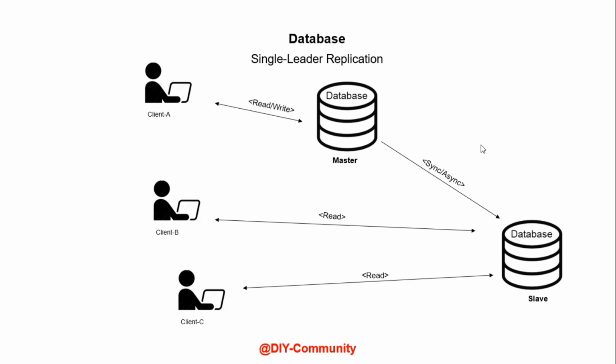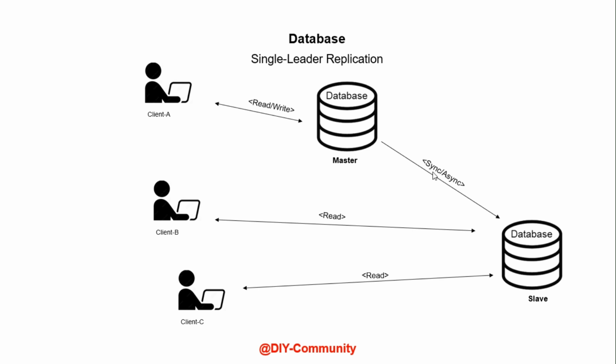Now, the copying between master and slave database could be either synchronous or asynchronous. Let's look into this case scenario. Client A is performing a write operation. It will get updated on the master database, and then it will be updated on all other slave databases.